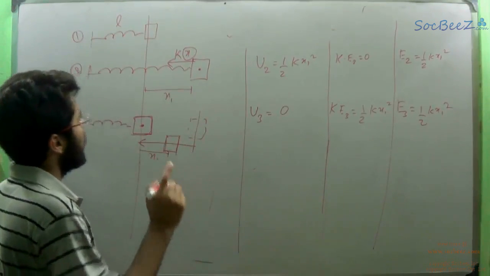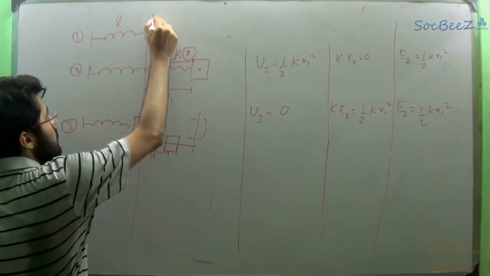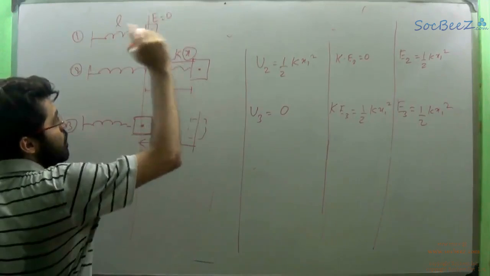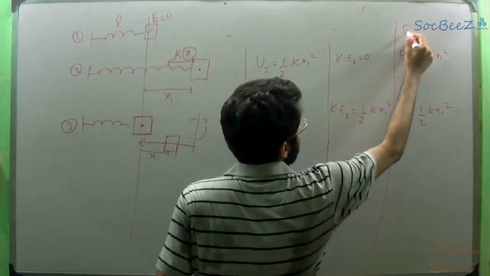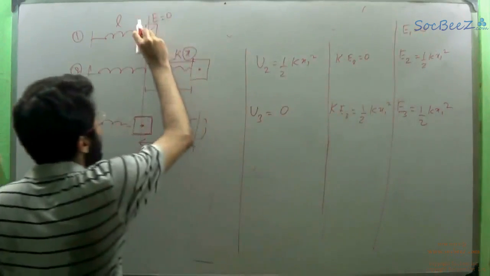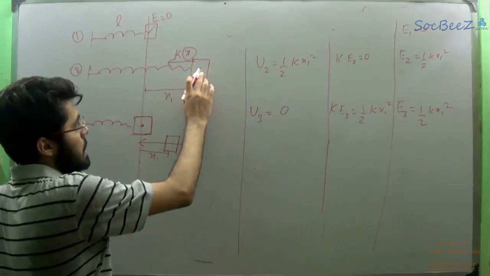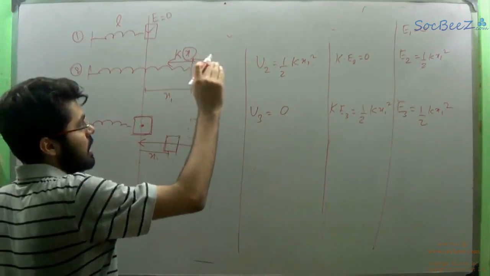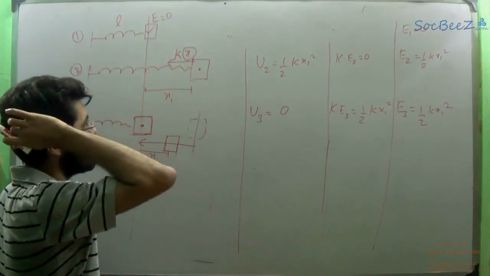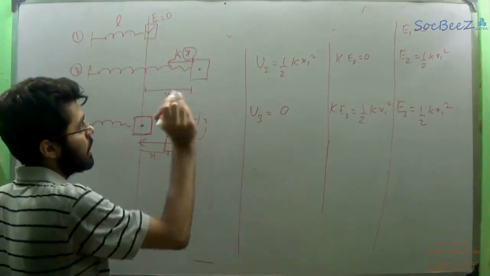Now please make a note. When we started at this point, the total energy was also 0 and E1 was 0. There was no energy. But from this point to this point, we applied some force. That's why it could be dragged. So that's why we are not considering the first case, first part. We have started our mathematics from the second part.